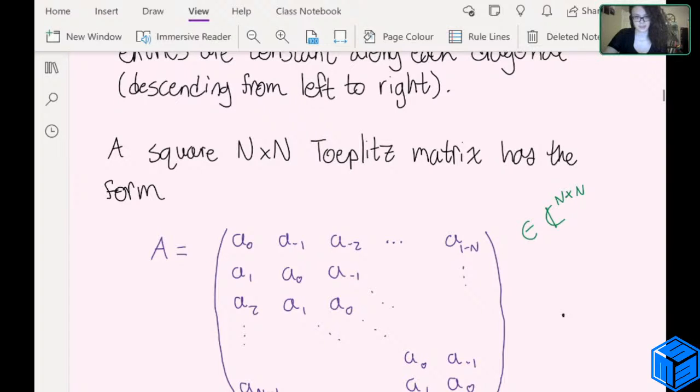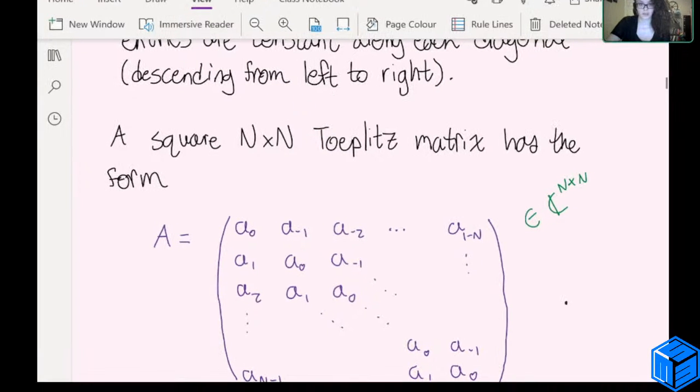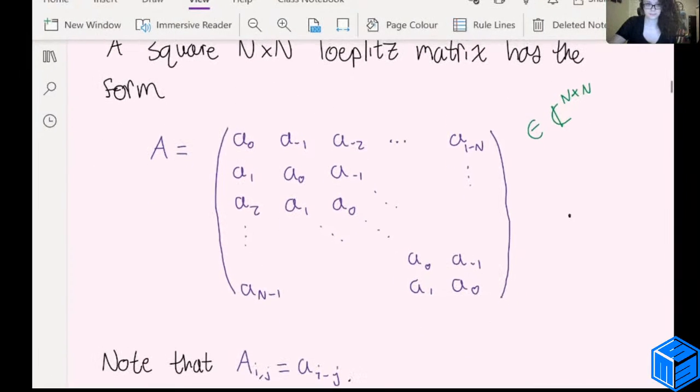And similarly, in the superdiagonal, we've got A(-1), above that A(-2), and then we go all the way up to A(1-n) in the top right. So the matrix entry corresponding to the row i and column j has this lowercase a with index i minus j as its entry.